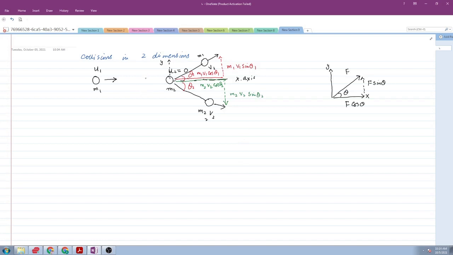Now we are going to simplify this for conservation of momentum. So we are going to apply the conservation of momentum here, but this is 2D. So first we are going to consider along the x-axis. Momentum before collision equals momentum after collision.